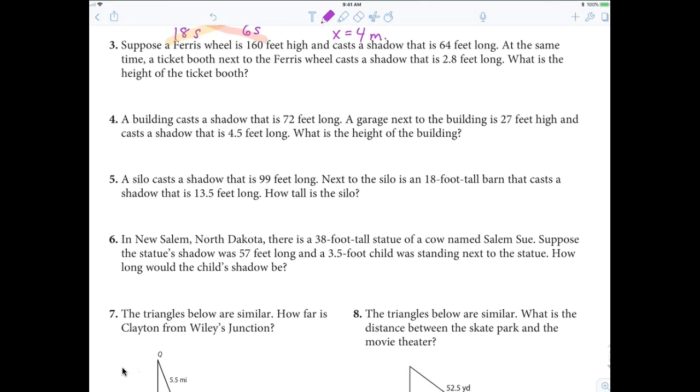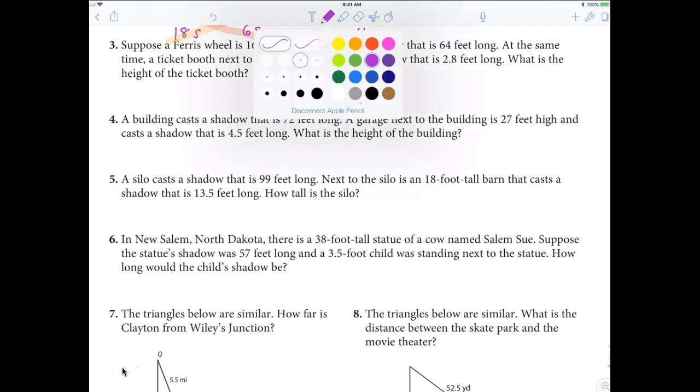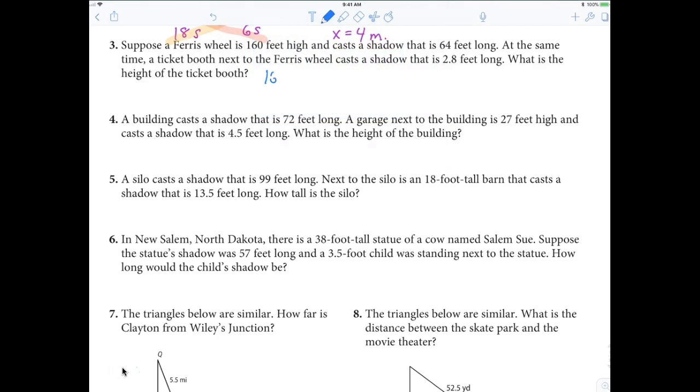Number 3. It says, suppose a Ferris wheel is 160 feet high and it casts a shadow that is 64 feet long. So, Caroline, how am I going to set this one up? 160 over 64.